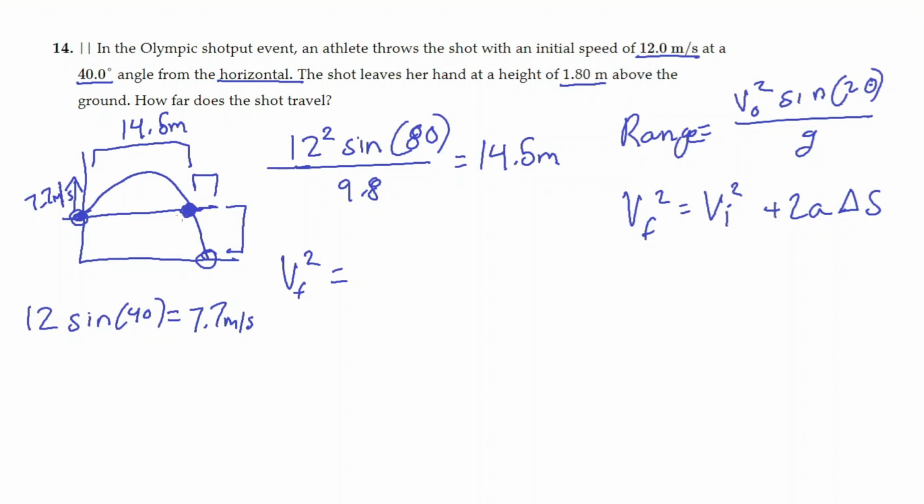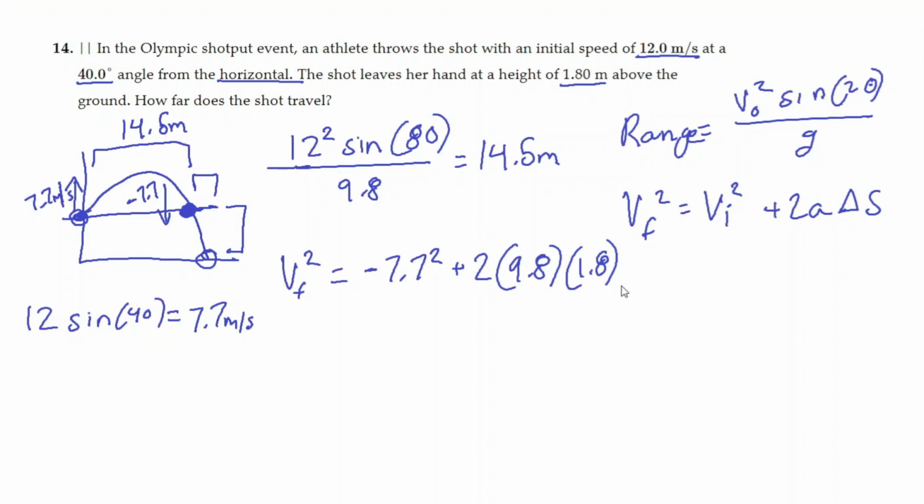So at this point right here, at the end of the projectile, our downward velocity is going to be negative 7.7. So our initial velocity is negative 7.7, squared, plus 2 times the acceleration, which is 9.8, times delta s, which is 1.8 meters, which it's falling.